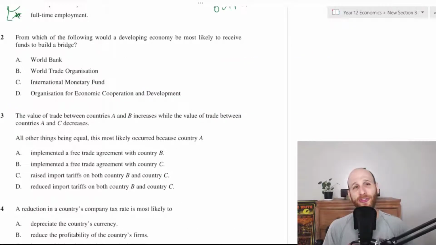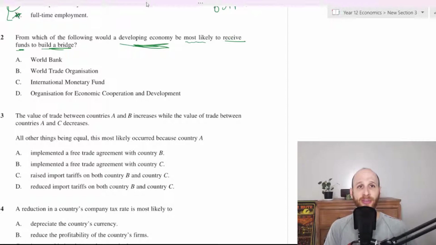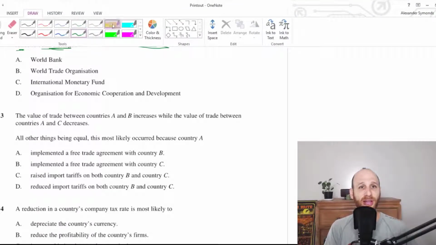The question says here, number 2, from which of the following would a developing economy be most likely to receive funds to build a bridge? Okay, so what we might do is we might get out the highlighter here.